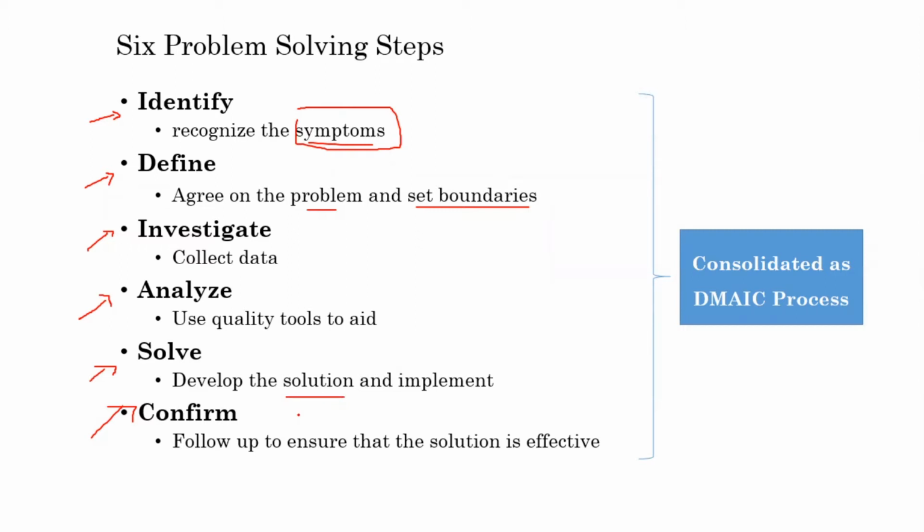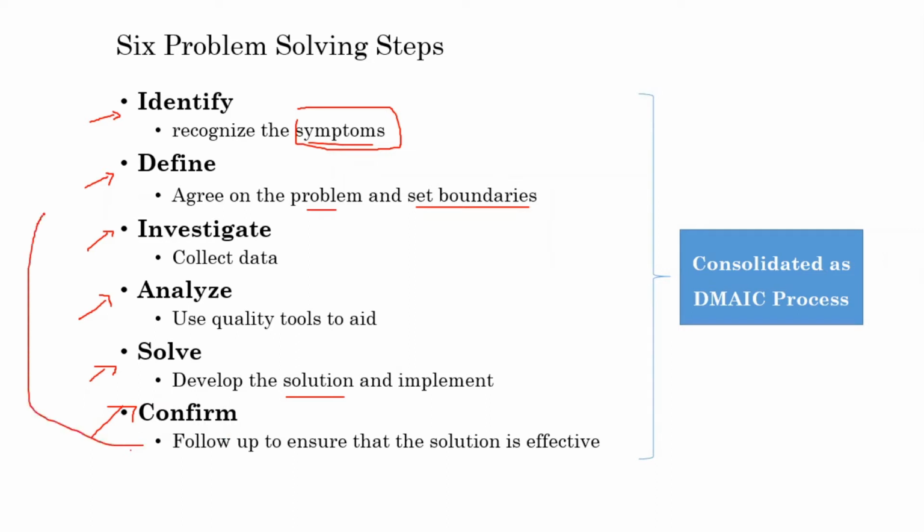Or it doesn't have any effect? If it doesn't have any effect, then you are not going to go to the confirm phase because there is nothing to confirm. If it has negative effect, you are going to retract your solution. You are not going to implement. But if it is a positive solution, then you are going to confirm and take it further in your process.